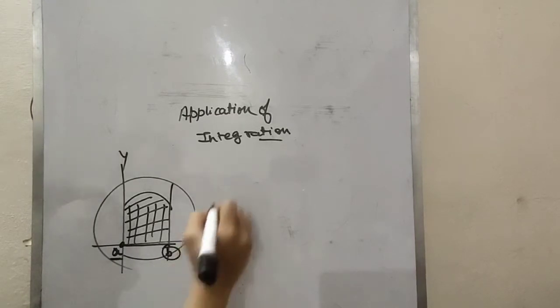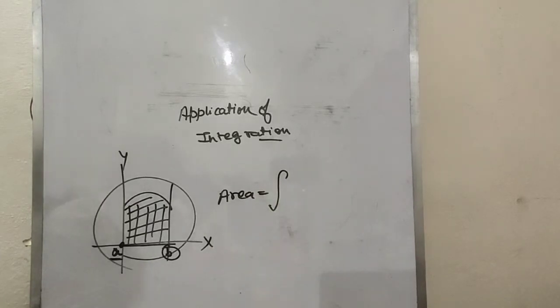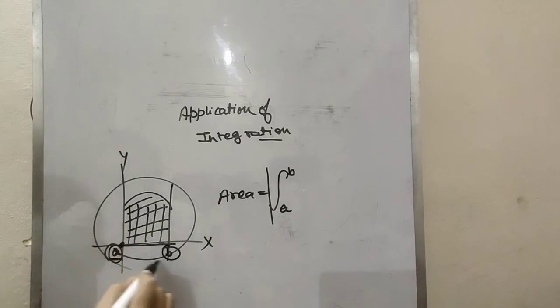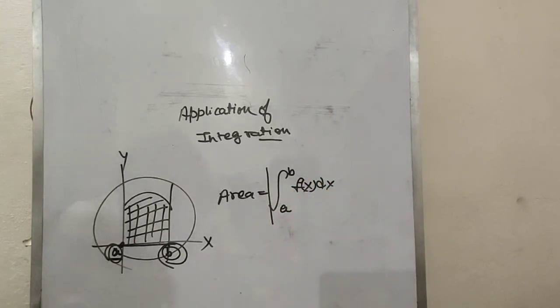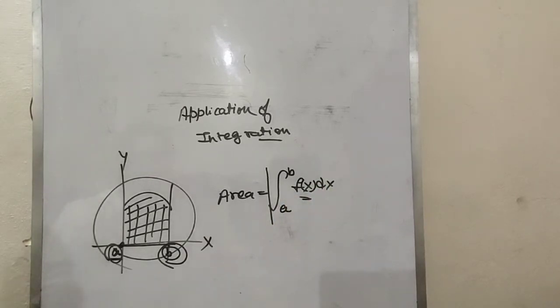So my formula for area is the integration sign within modulus, because we'll take the positive values, then limits a to b, that is, where it starts and where it ends, then f(x) integrated with dx, because we have variable x here, and again closing with the modulus. Okay, so this is all about the positive side.